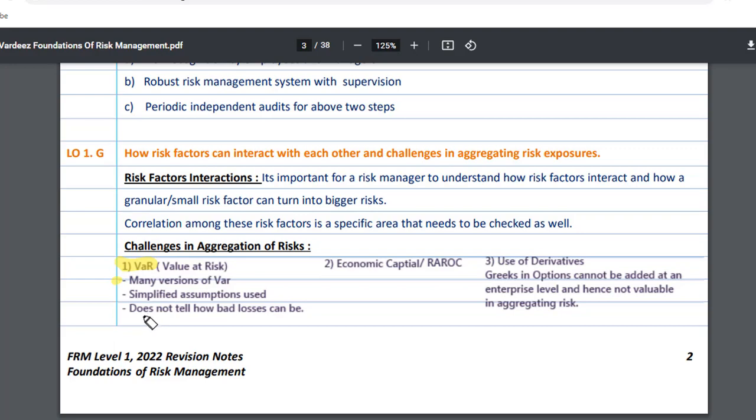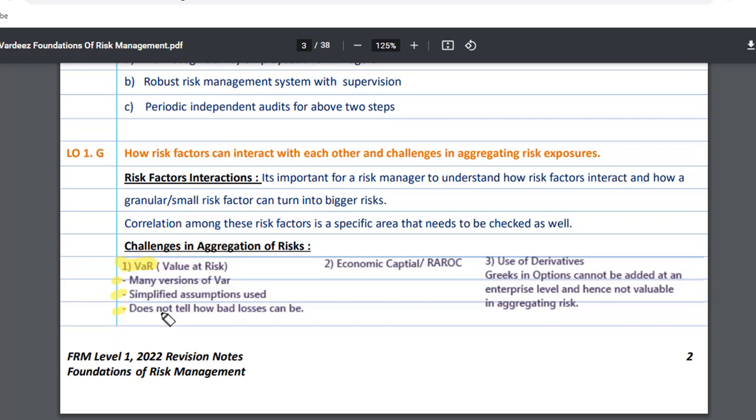There is historical simulation, there is Monte Carlo simulation, we also have delta normal value at risk. So there are many versions. Which one to use is something that we need to decide. The assumptions are also quite simplified when calculating VAR. There are only 3 parameters that you need, and you calculate your VAR easily. So the assumptions are very simplified.